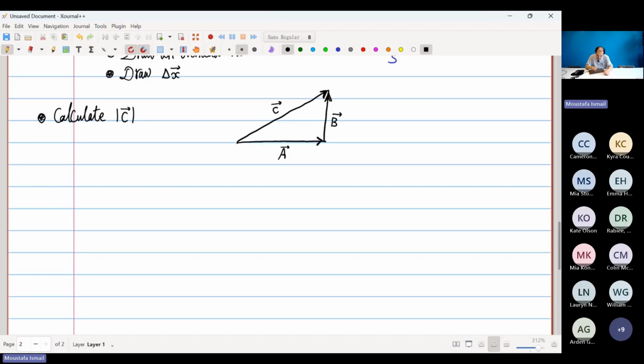So okay, we know that the magnitude of A is 200 meters. We know that the magnitude of B is 100 meters, and we want to know the magnitude of C. This is easy because this is Pythagoras theorem. This is a right angle triangle. So this is just C squared is equal to A squared plus B squared.